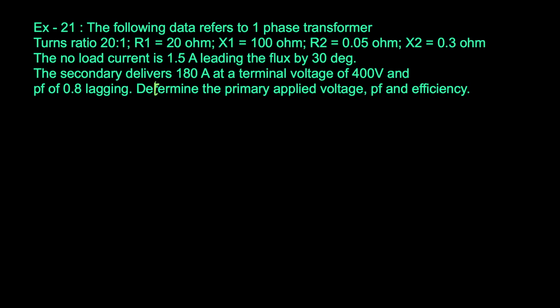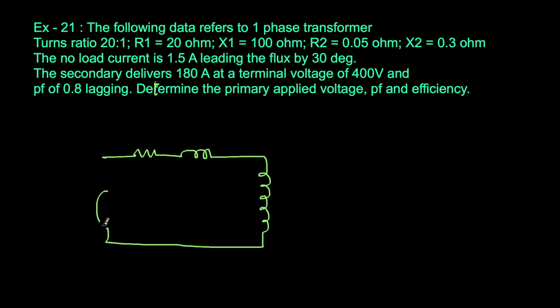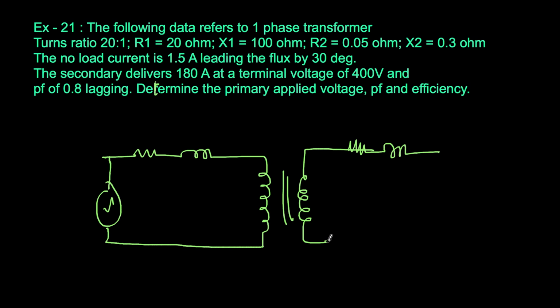To understand this question, let's draw the transformer circuit here. So I have resistance, reactance, then the first winding, then the core, and then the second winding and its resistance, reactance, and then the terminal voltage.